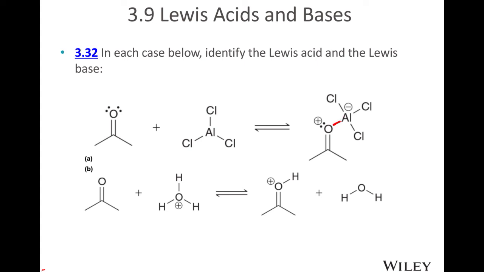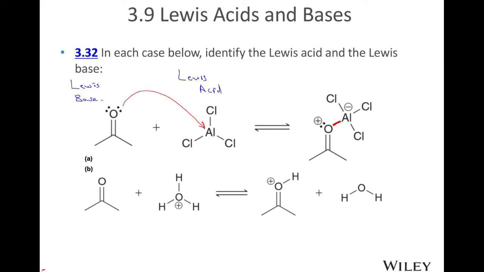So I'm going to draw the curved arrow like this. Hopefully right away you can draw a connection here and say, well, the AlCl3, the aluminum trichloride, is accepting electrons, so this must be the Lewis acid. And this acetone, or this ketone, is donating a pair of electrons, so this must be my Lewis base.